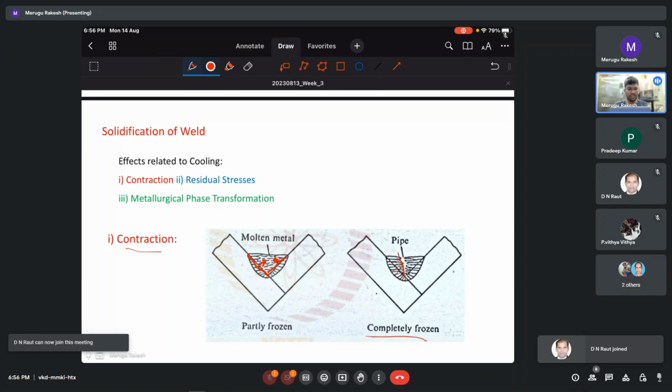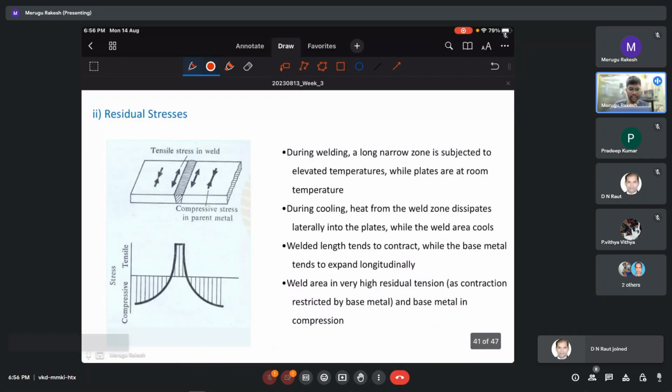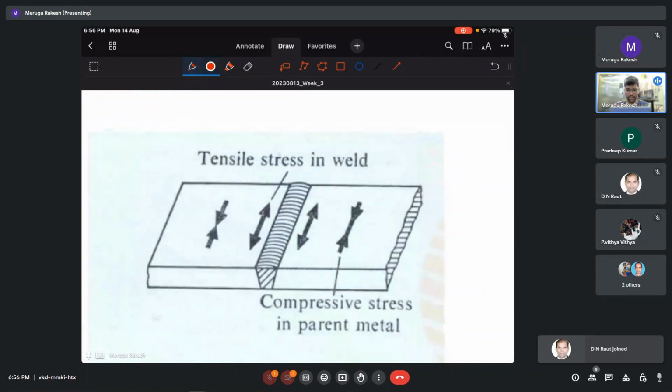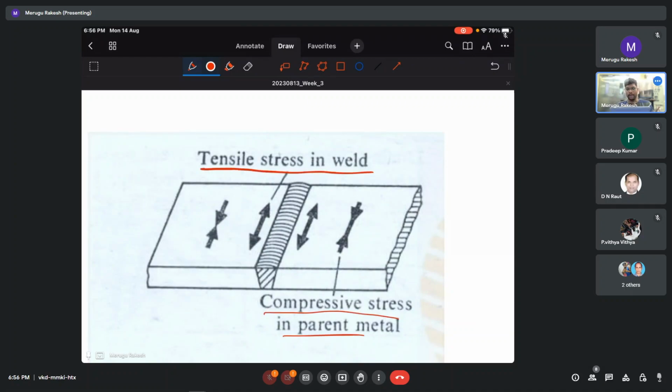Then we'll see the residual stresses. This is very interesting. If you see this figure, you see tensile stresses in the weld and then compressive stresses beside the weld. Basically, what happens? This will be a very hot region, and this will be at room temperature. This will be molten initially. So what happens when it is trying to solidify? It tries to contract.